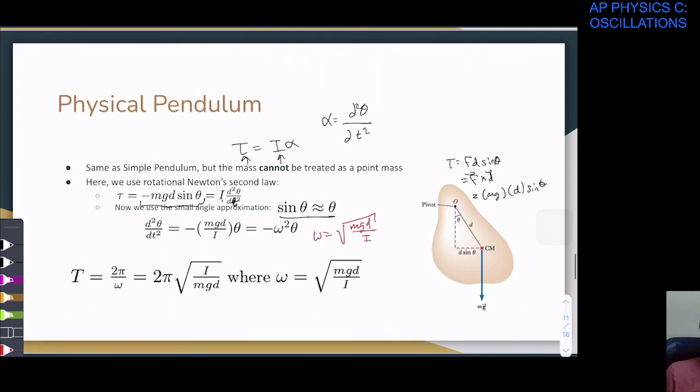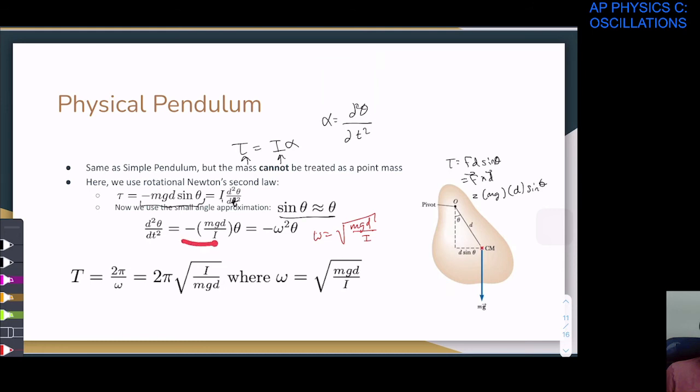So you'll see again, this is a common theme: we come up with some equation, we use some Newton's law, or some kind of F equals ma like thing, either rotational or translational, and we make some relationship between our gravity, angles, moment of inertia, and mass, and we try to end up with an equation where d squared x dt squared, or d squared theta dt squared, is equal to some constant times either x or theta.